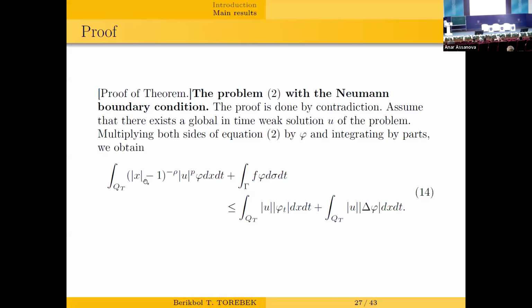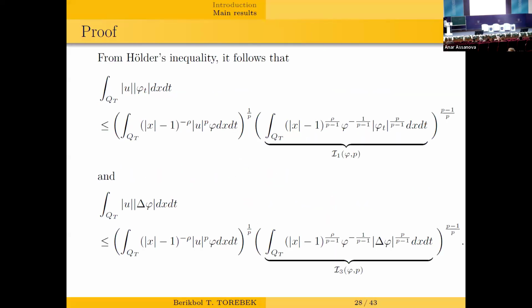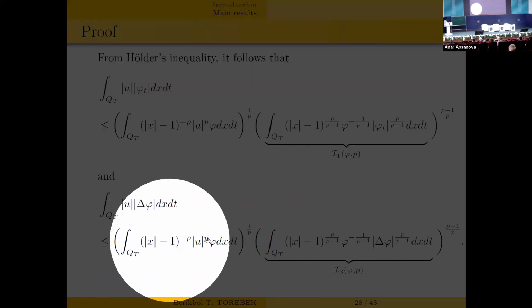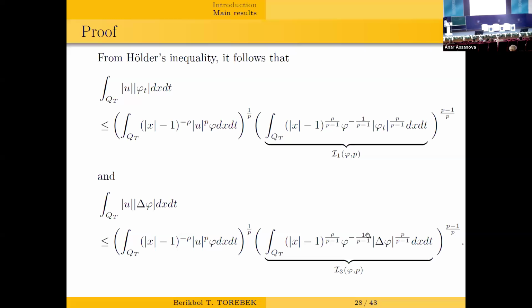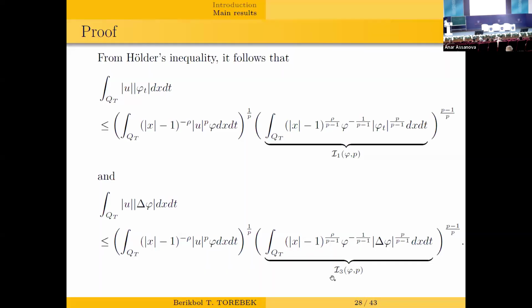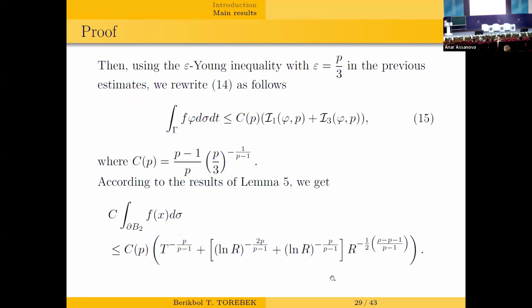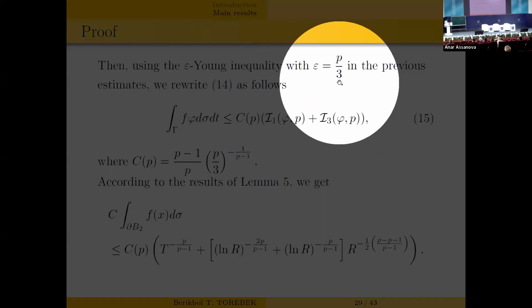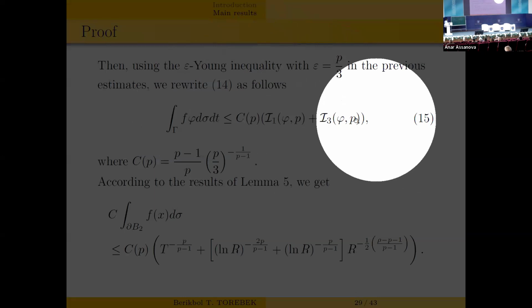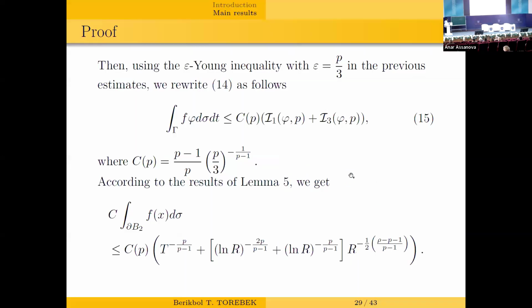And for the second term, we have this one. We have estimates of the integrals I1 and I3 in the previous lemma, and instead of epsilon, we can put p divided by 3. Finally, we have the integral inequality given by formula 15.